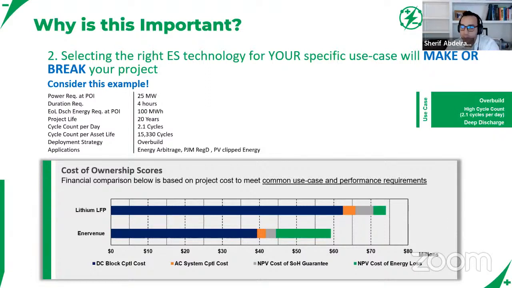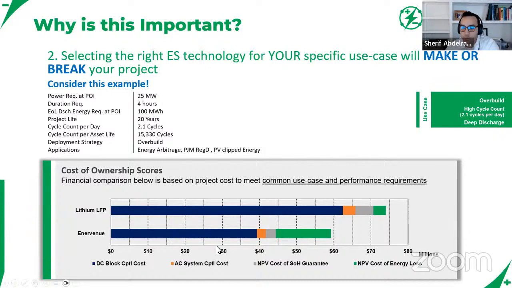So, is the lower round trip efficiency low enough to allow us to not care about the extra cycle life, or is the cycle life high enough to offset the lower round trip efficiency? That's what this analysis looked at.